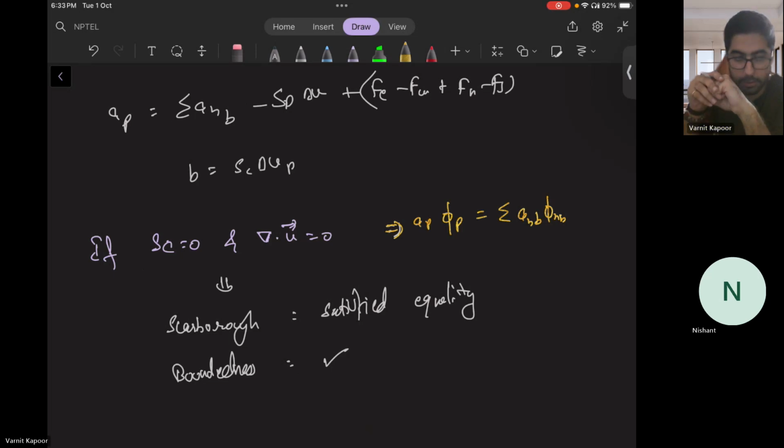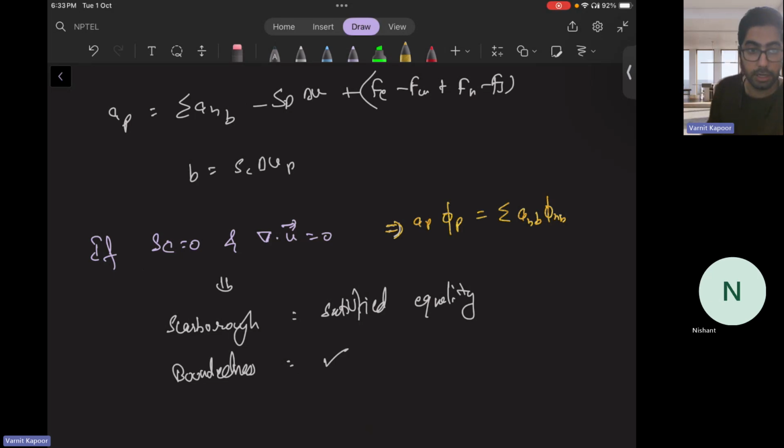Bounded test satisfied, Scarborough satisfied. The mesh can be taken as anything. It is not dependent on the Peclet number itself. So we can work with diffusion with finite grids.